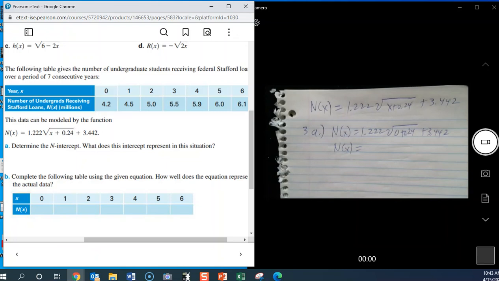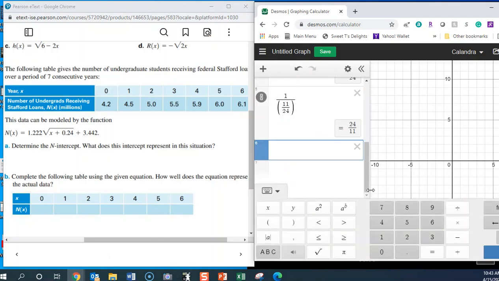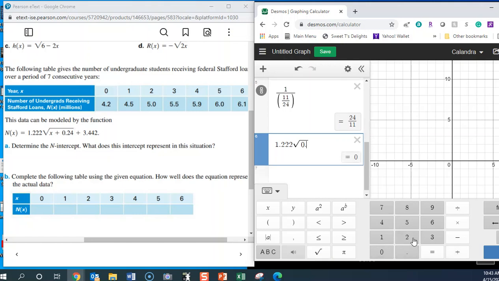Let me pull up the calculator. So we would have 1.222 square root of, it'll just be 0.24 because 0 plus 0.24 is just 0.24. And then plus 3.442. So our final answer here would be 4.04.